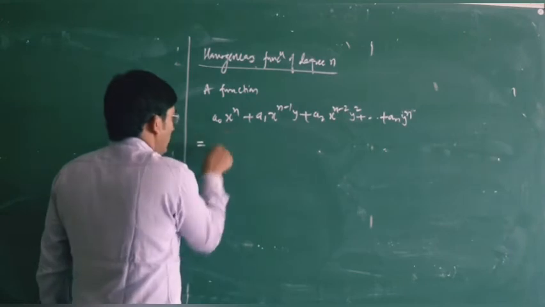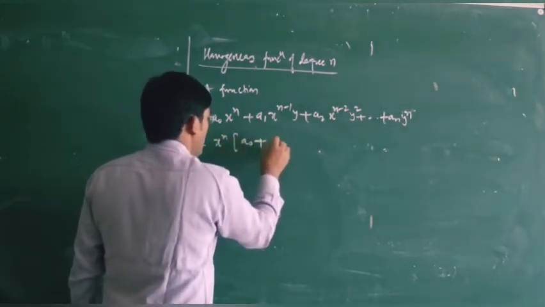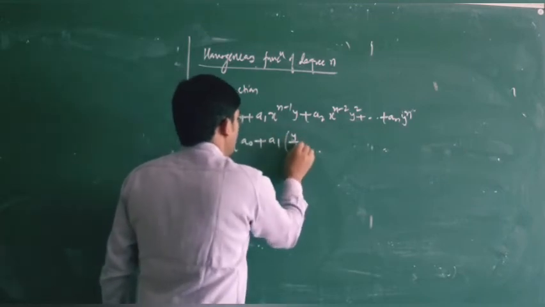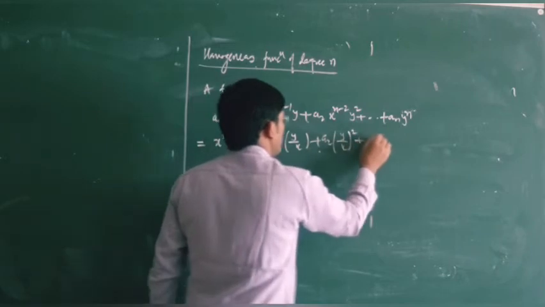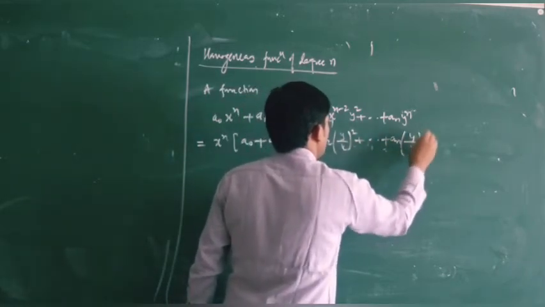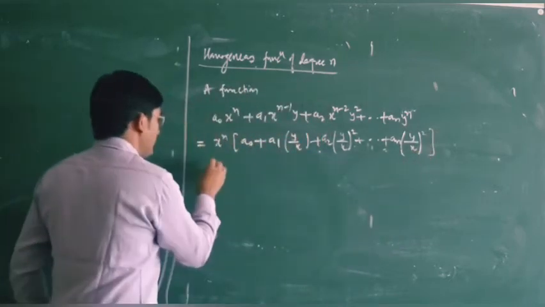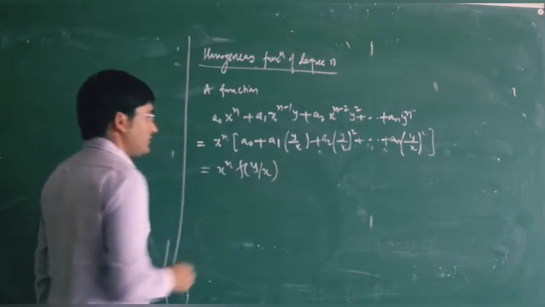So we will say that this is your homogeneous function of degree n. And we can also write it as, let us take x power n common. Then we will have a naught plus a1 y upon x plus a2 (y upon x) whole square, and the last term will be (y upon x) power n. And we can write it as x power n times some function of y upon x.